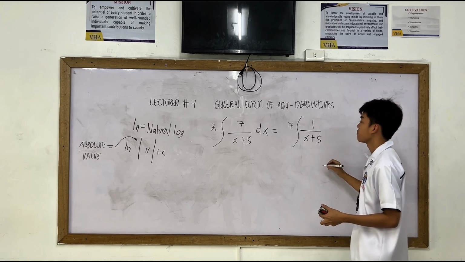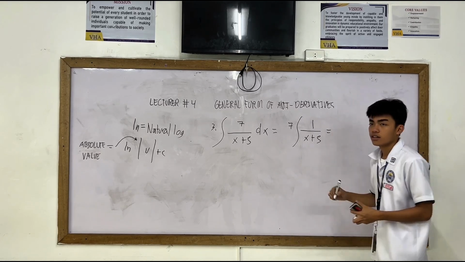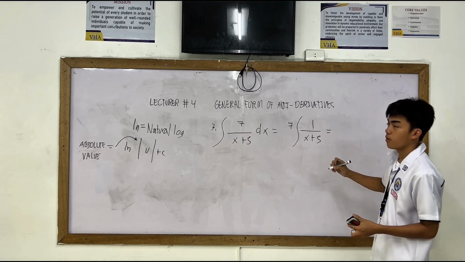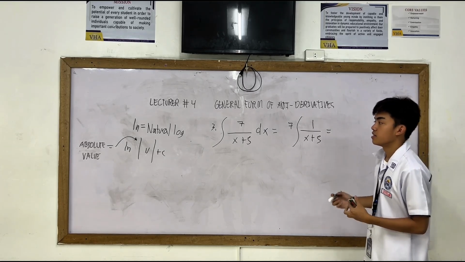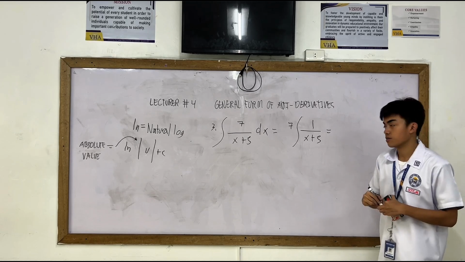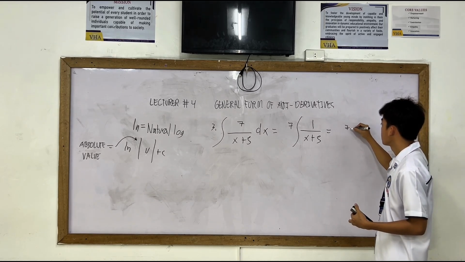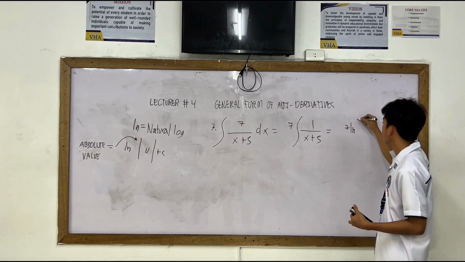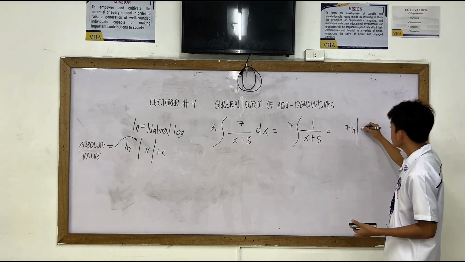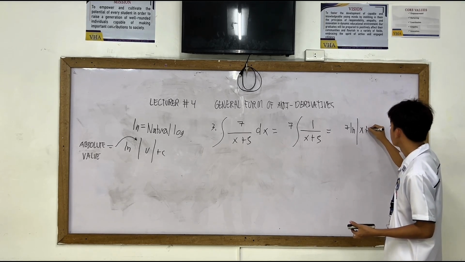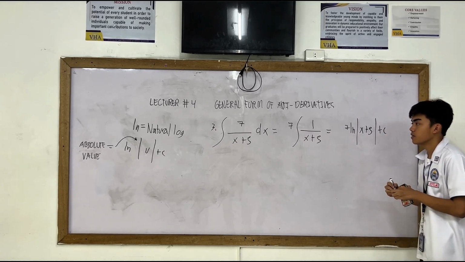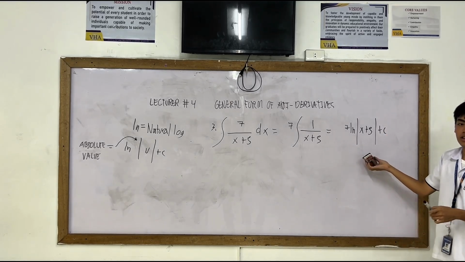And now that we have done it, the next process will be that we can now put it in the natural log, which is the absolute value. This is the result, and let's see, constant of integration. So that is for number 3.